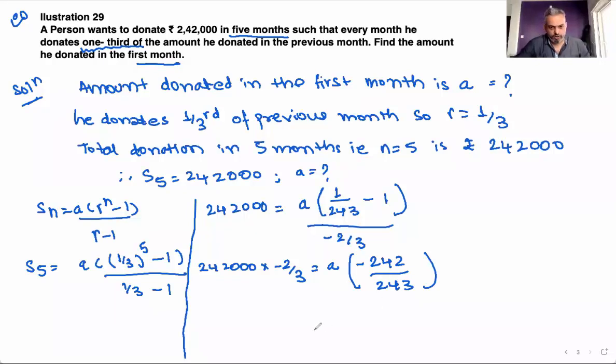Okay, so not a problem. We find A. So A is equal to 242 into minus 2 by 3 into minus 243 upon 242.